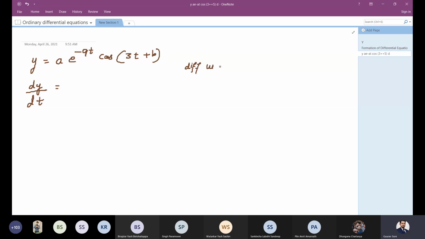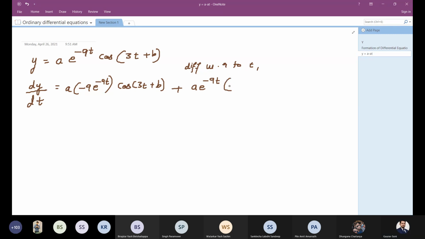What I will get is a into minus 9 e to the power minus 9t cos of 3t plus b, plus a e to the power minus 9t times the derivative of cos, which is minus sine, and by chain rule you get 3 sine of 3t plus b.